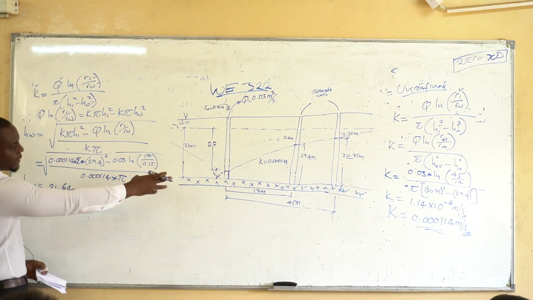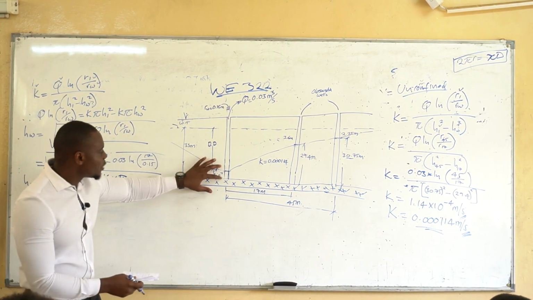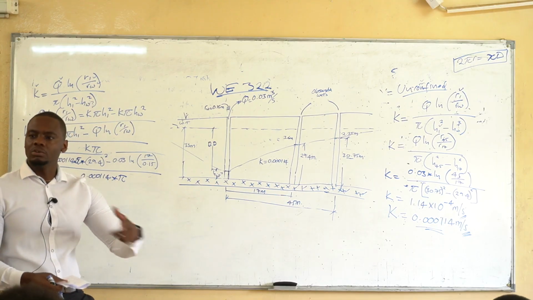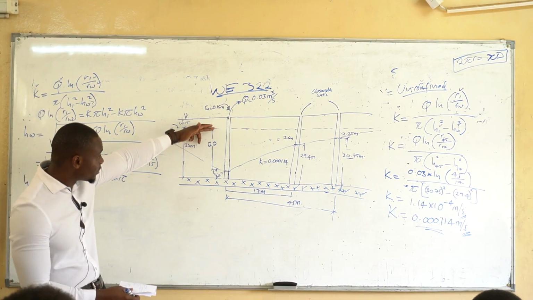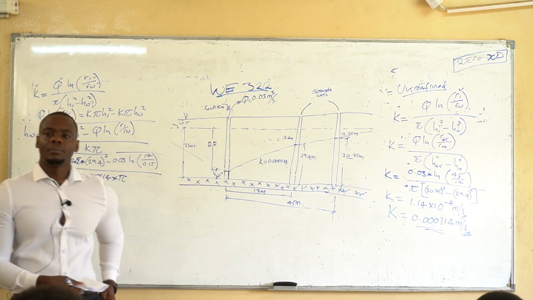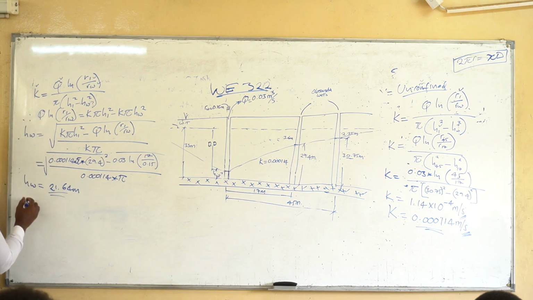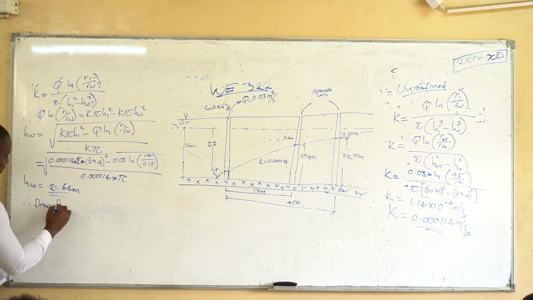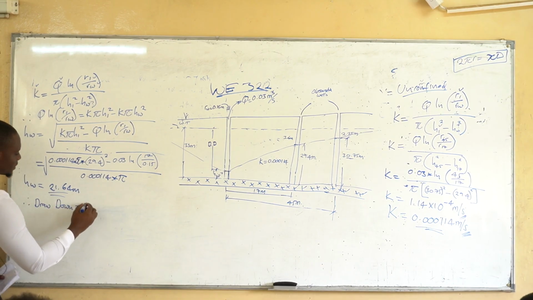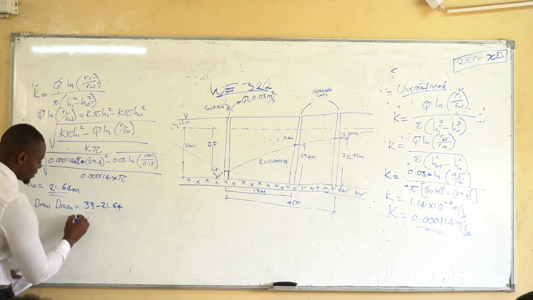So your HW is 21.64, but that's just this. The question said find the drawdown. Drawdown is the distance literally from the original water level to where we are now. So your drawdown is just 33 minus 21.64.